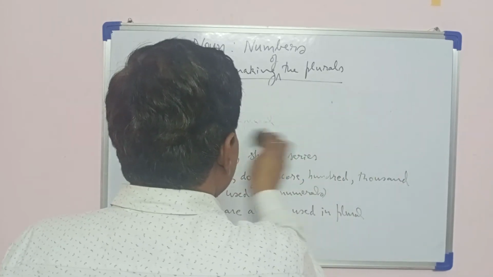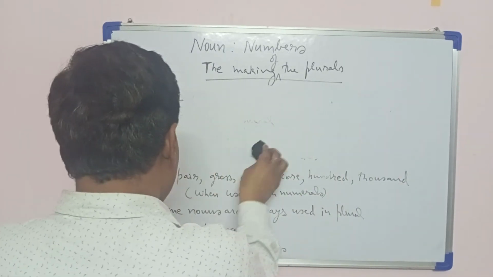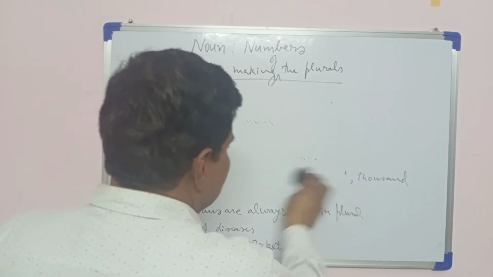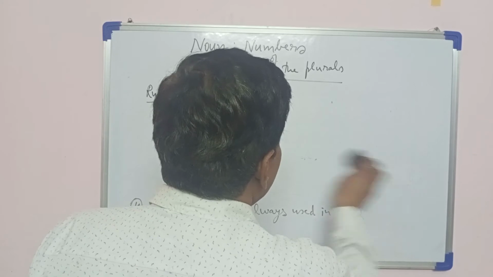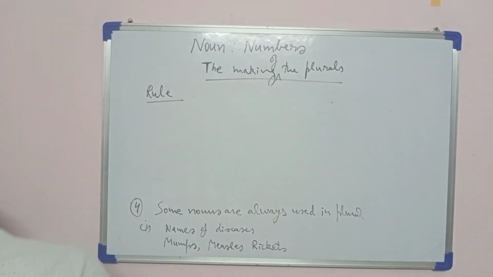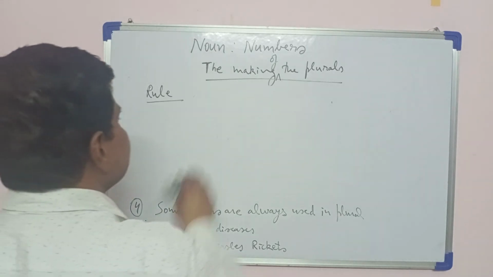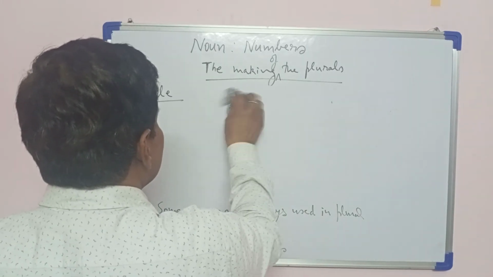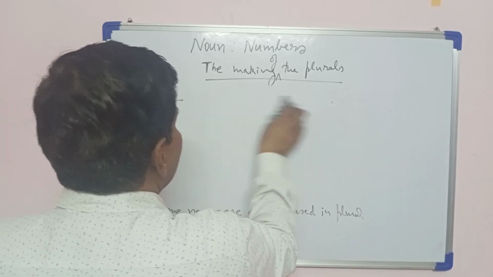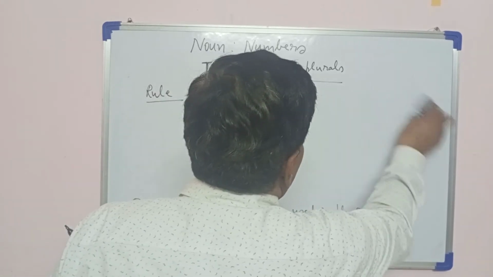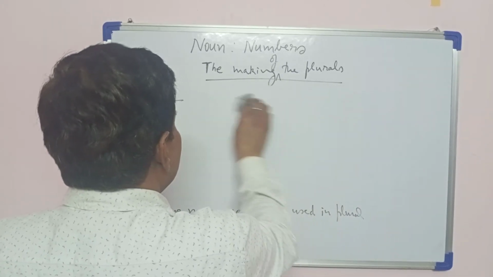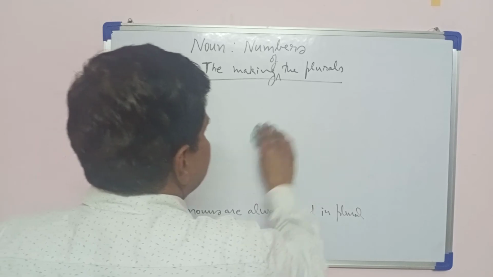There are certain games which also look plural in form, but they are actually singular. So let's understand which are these. Games like billiards, draughts, these are singular, but they look plural.